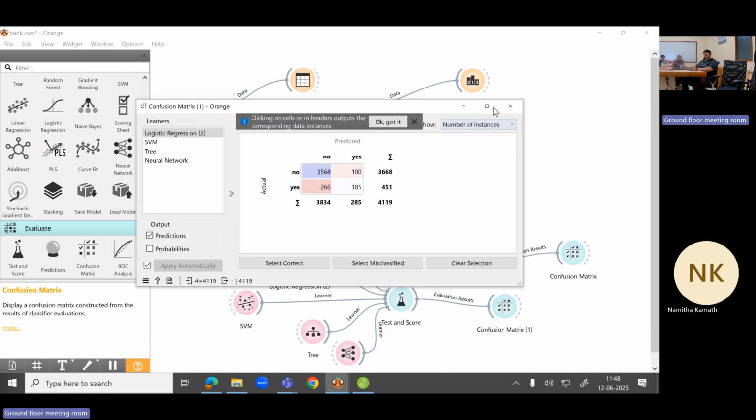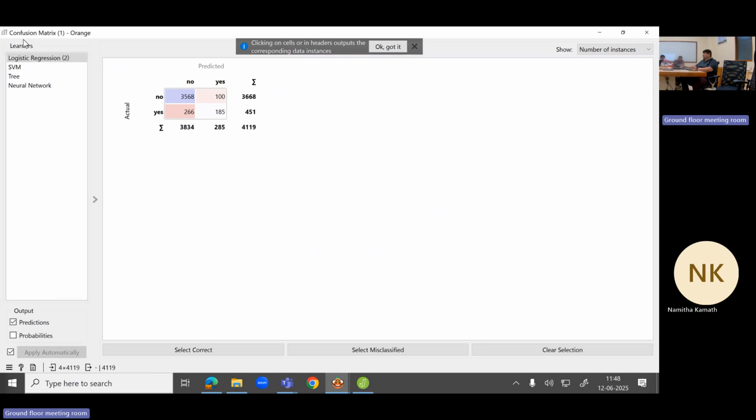The confusion matrix you can see for multiple methods. 3668 divided by 4119. How much was it? 89%, 90. 89%.